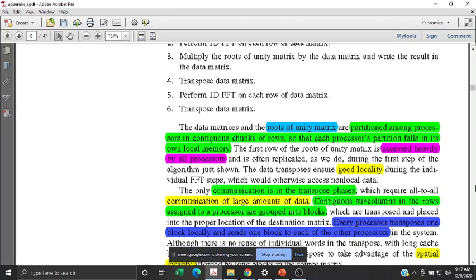The only communication is in the transpose phases, which require all-to-all communication of large amounts of data. Whenever you transpose, rows are converted to columns and columns to rows, and now you want the entire matrix at once. When computing, how do I compute the first element of a matrix? The first row multiplied by the first column elements, with some additions, and finally I am able to compute the first element.